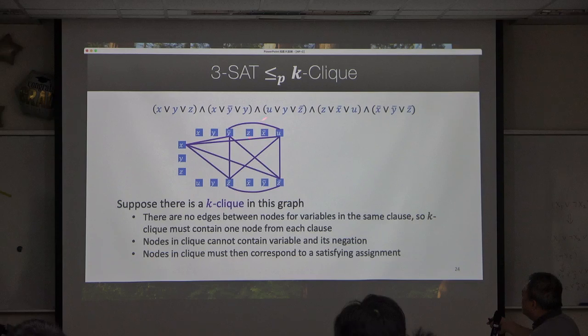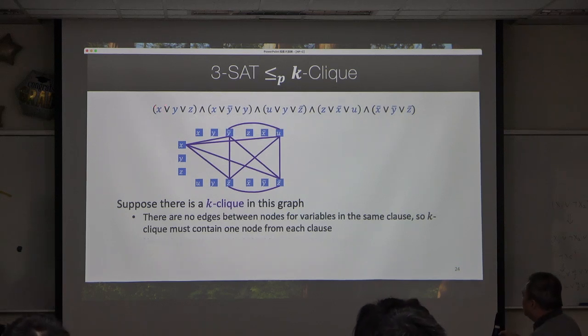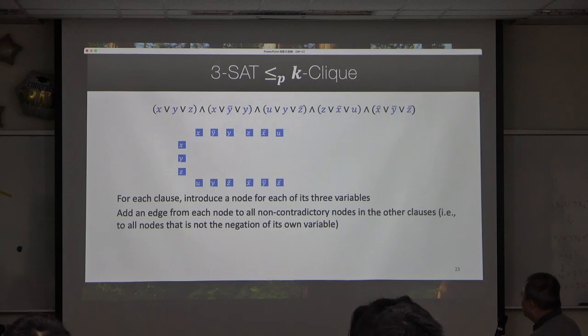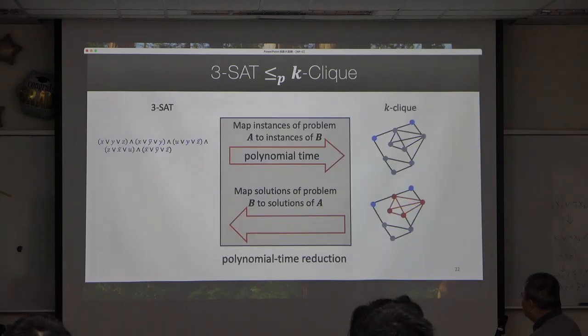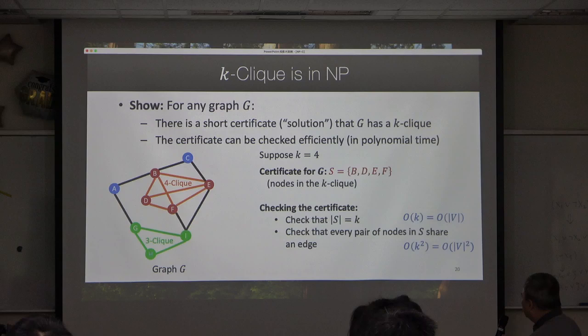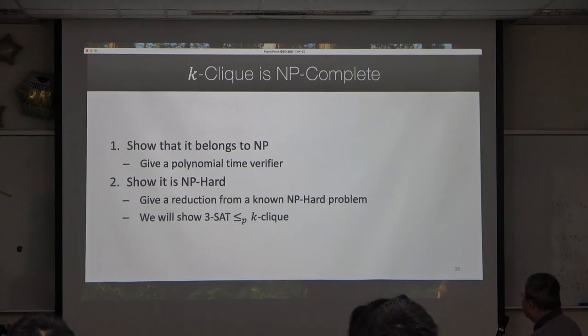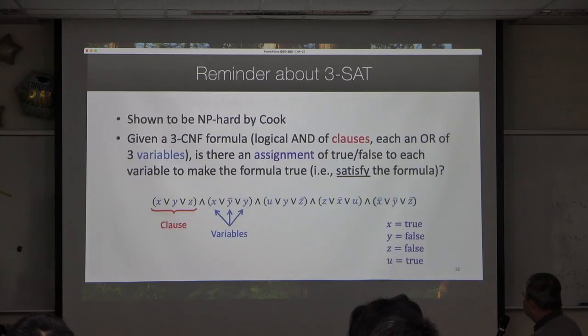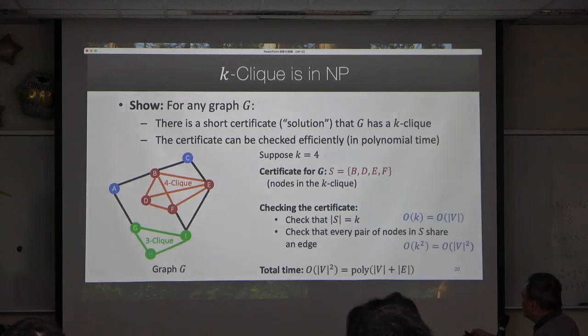Okay, the nodes in the clique must then correspond to a satisfying assignment. 你记不记得我们在开始的时候我跟大家讲说，我们有一个 possible assignment，就是在这边嘛。True, false, false, true，对不对？True, false, false, true. Come back here.